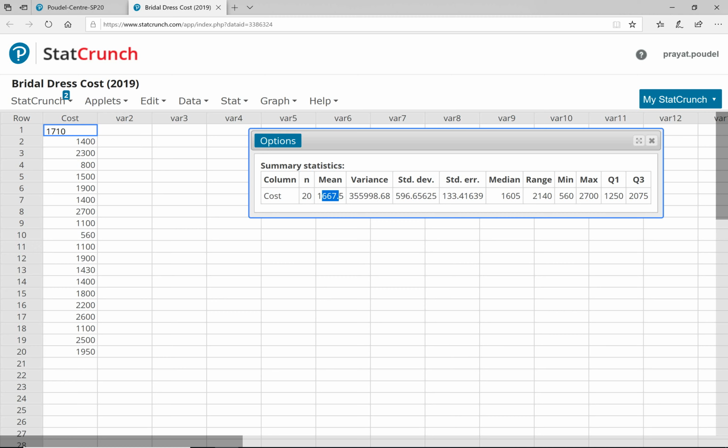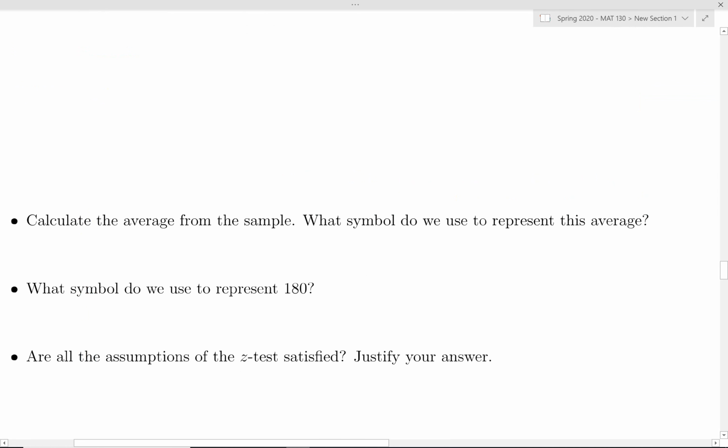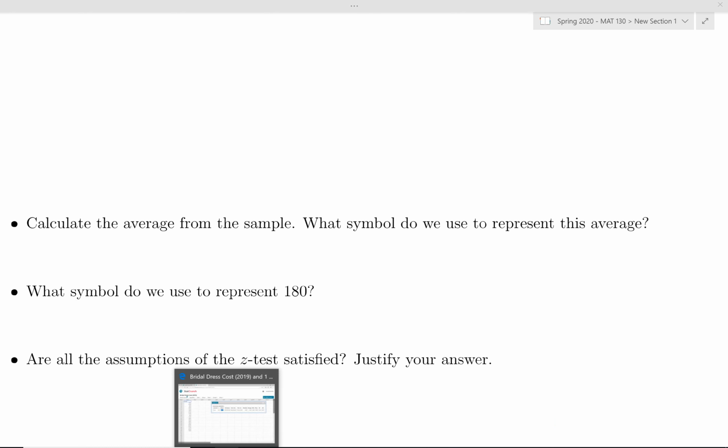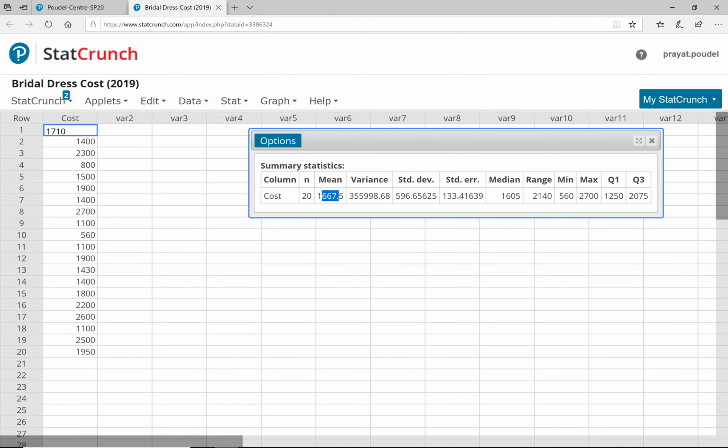Let's go back to our handout again. So when we looked at the average from our sample, we realized the average was 1667.5.